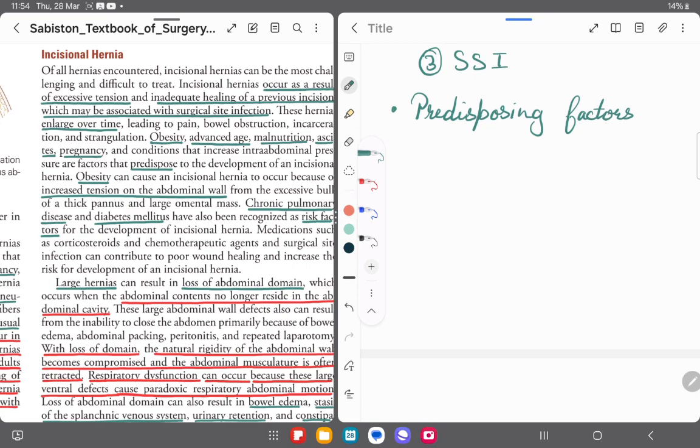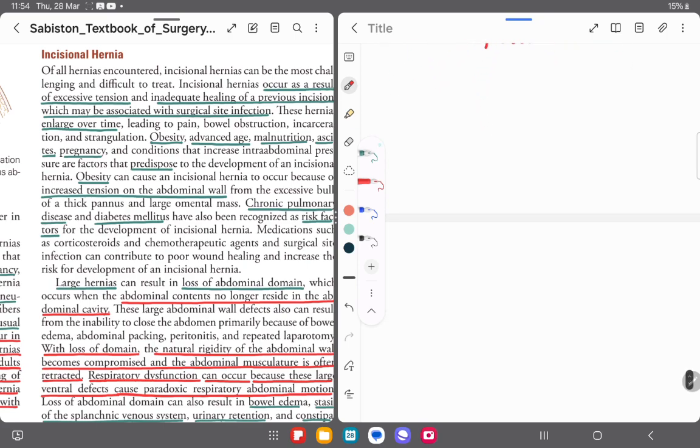So predisposing factors are those which increase intra-abdominal pressure. So what are those predisposing factors?